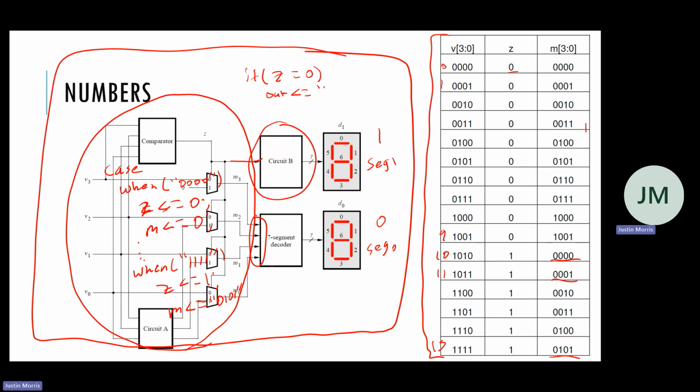If we have 0, we need everything on except for segment 6. Oh, and it's actually reversed. You need to test this, but it's either this way or the other way. You need to figure out if the most significant bit is actually 6 or the least significant bit is 6. I forget how it is in the lab on the board.